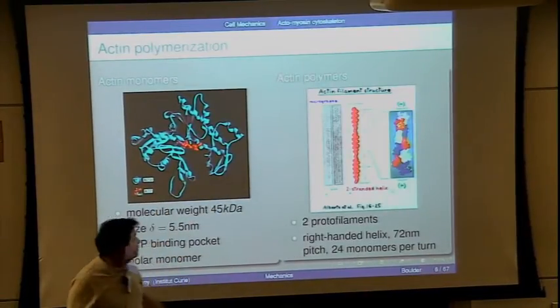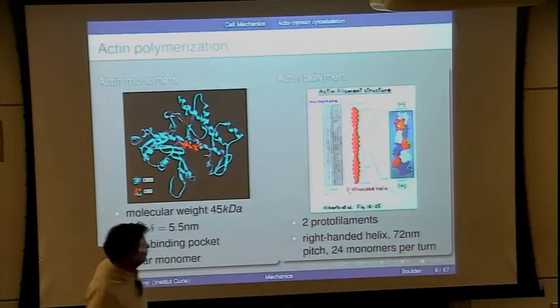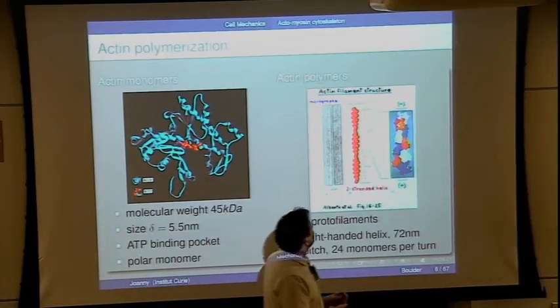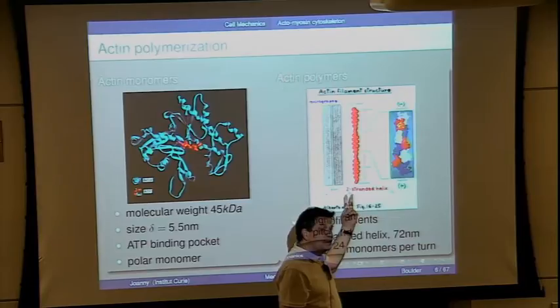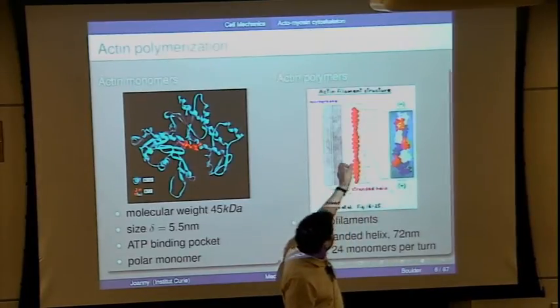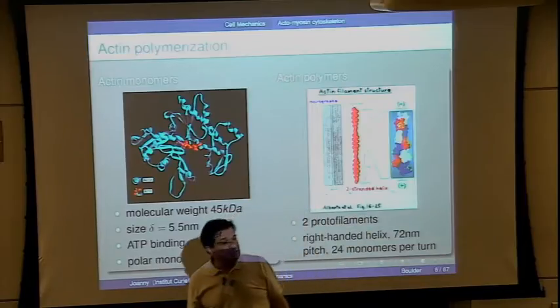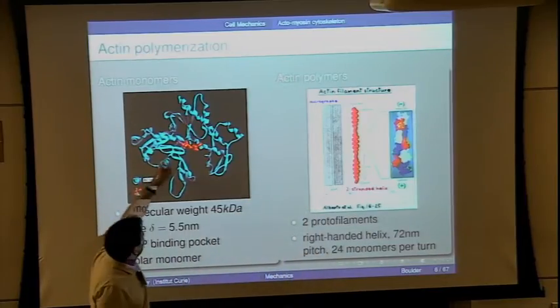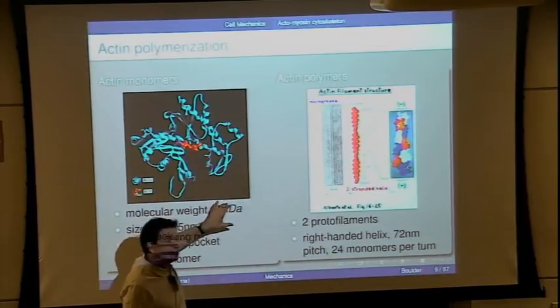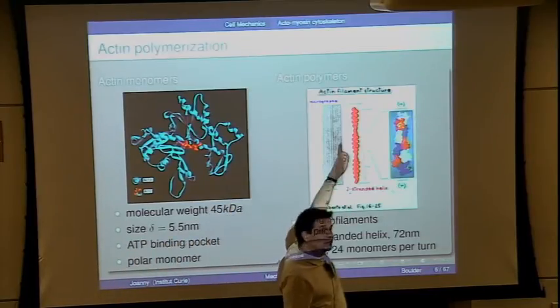These monomers assemble. They form a filament which is here. This filament is made of two linear actin filaments that wind into a helix like this. The assembly is polar, which means that all the monomers assemble in the same direction, and in the end you have a polar filament.